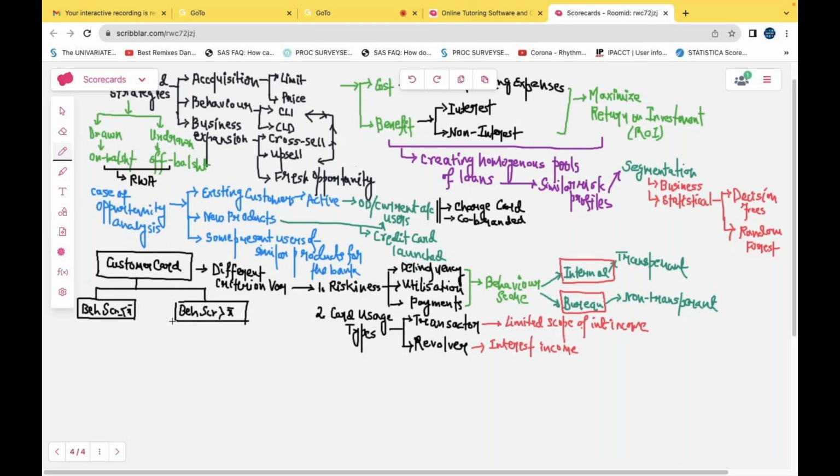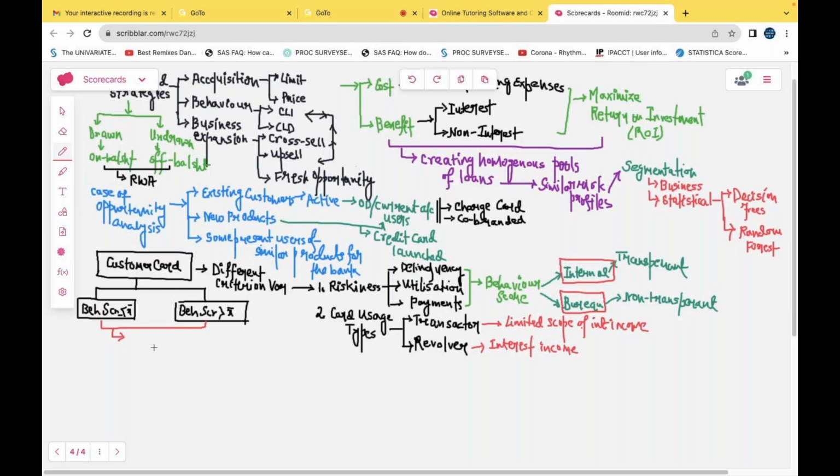Basically, this problem boils down to the choice of a segmentation variable. The variable which helps me capture the maximum of the heterogeneity is something that I would choose as my segmentation variable.